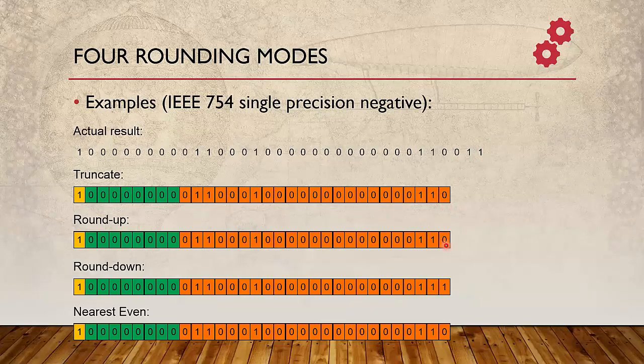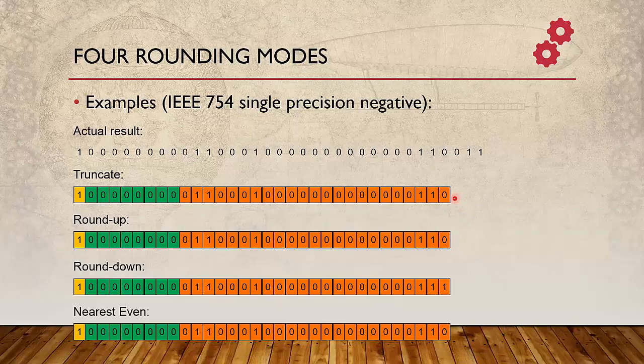Rounding up: in a negative value, let us remind ourselves that this is negative, rounding up will give a smaller absolute value. So in this case, rounding up is identical to truncation.